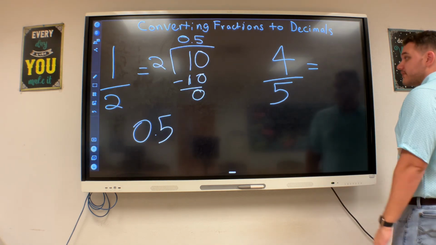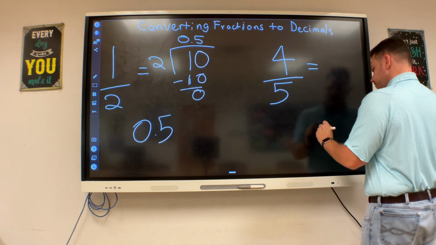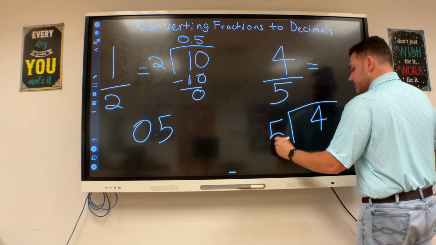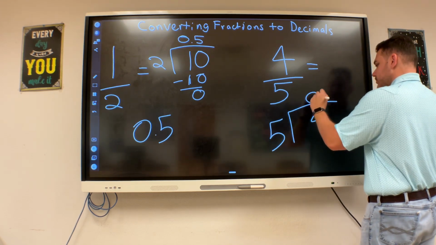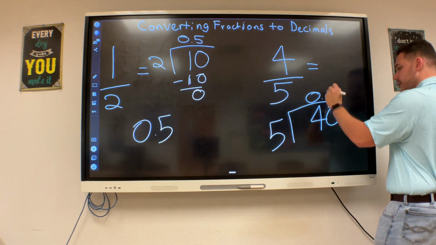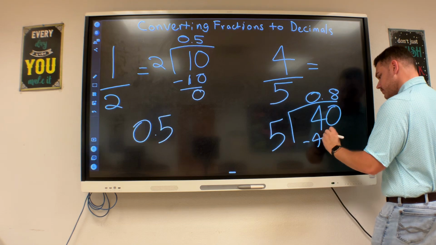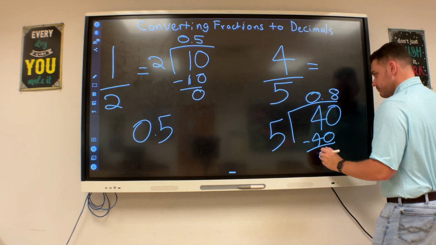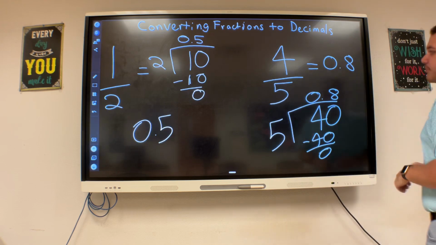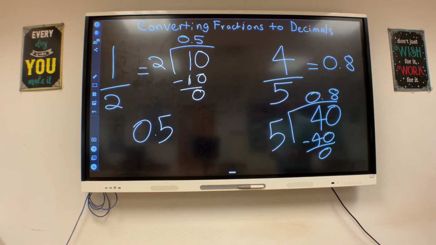And then it would be the same over here, 4/5. So we would have 4 divided by 5. 5 will not go into 4, but it will go into 40 8 times. So 4/5 is 0.8.